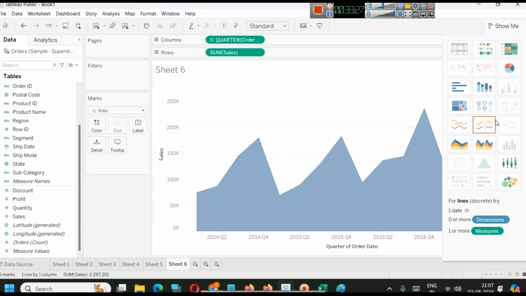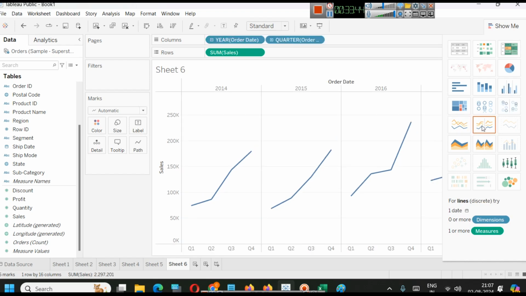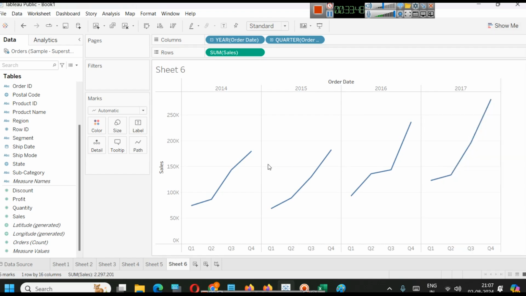So when you have created a line graph, you just do this. And here you can see lines discrete and lines continuous. When you choose lines discrete, it will create line graphs, but for all 4 years separately.